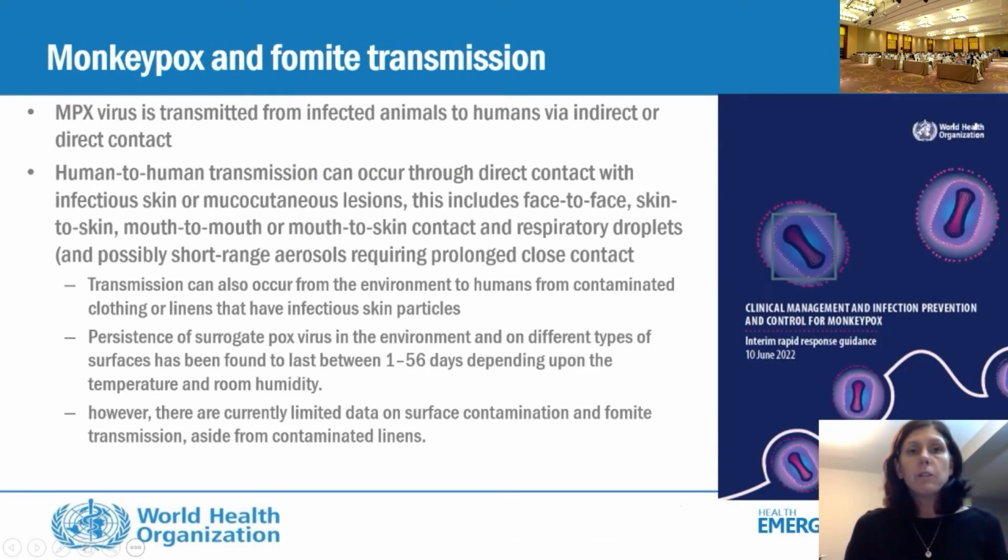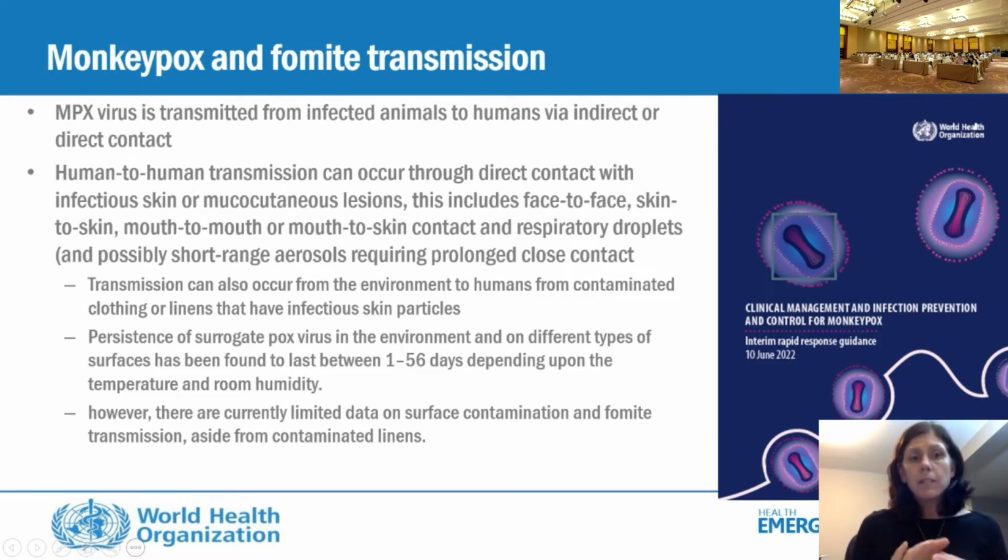Just to briefly mention monkeypox, since that is an emerging, new public health infection that we're concerned about. While it is generally originally transmitted from infected animals to humans, we know human-to-human transmission is also occurring. And in the context of this outbreak, it's generally through direct contact with the infected skin or lesions in the mouth.